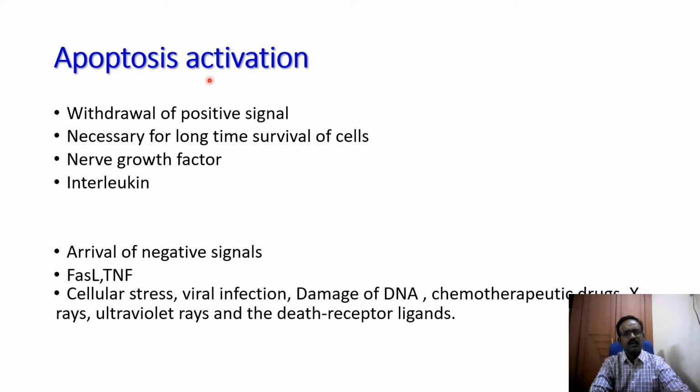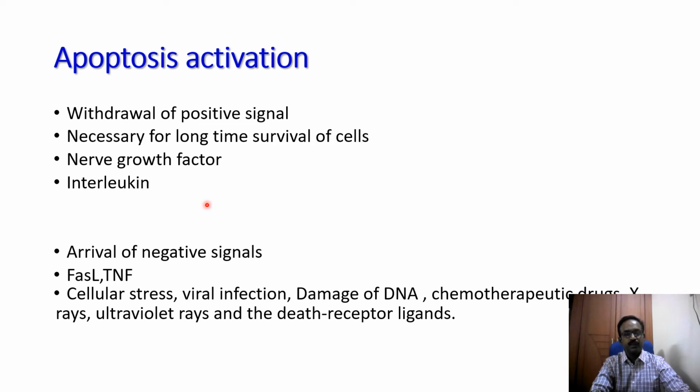Apoptosis is activated by either withdrawal of positive signals or arrival of negative signals. Positive signals are necessary for the long-term survival of the cell. Examples of positive signals are nerve growth factors in neurons and interleukin 2 for lymphocytes.